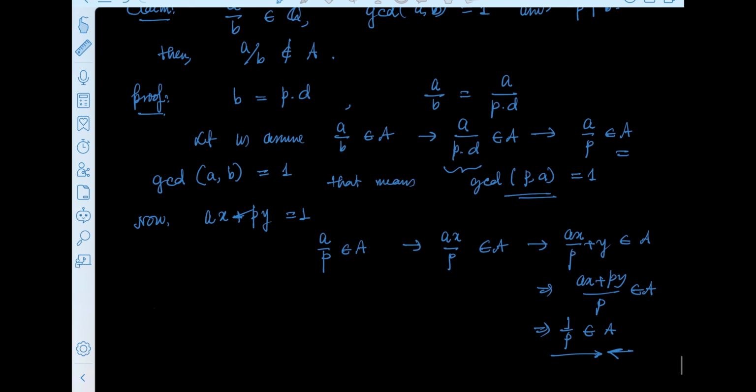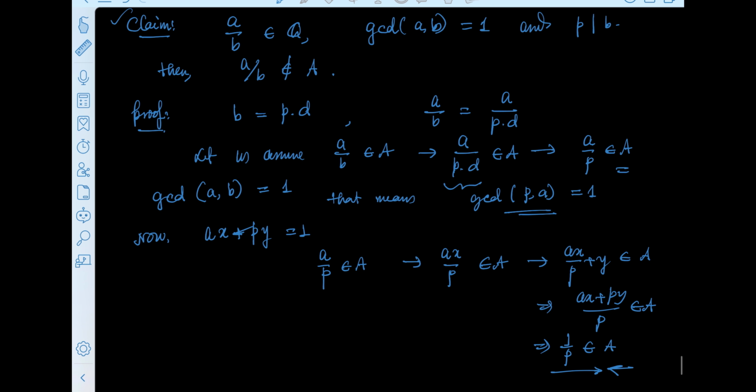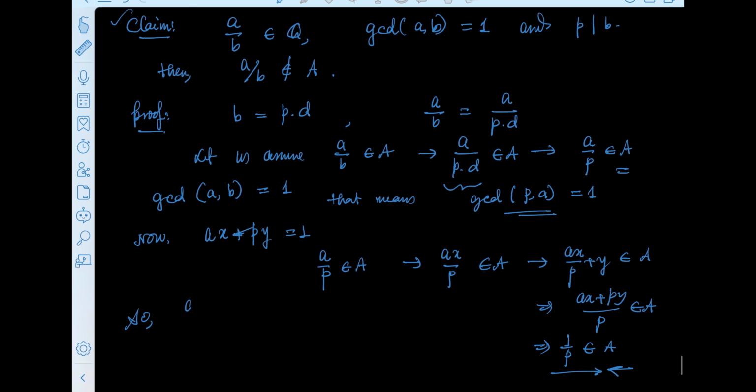So this claim is true. So for every rational A by B such that GCD of A comma B is 1 and P divides B, A by B is not inside A.